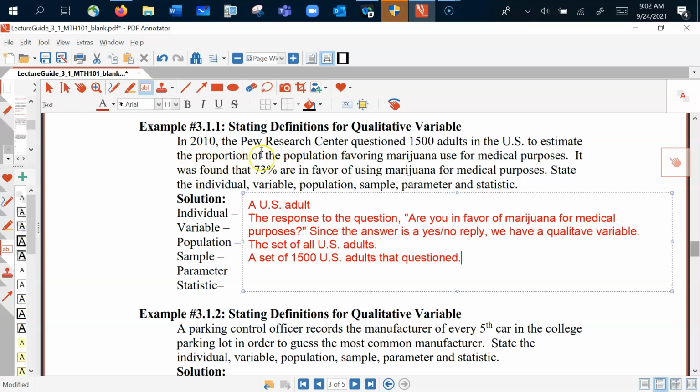So here the parameter is going to be the proportion or percent of all U.S. adults favoring marijuana for medical purposes. Notice it's a numerical trait of the population, and the population is all the individuals that we're interested in, so I've got the word all there.